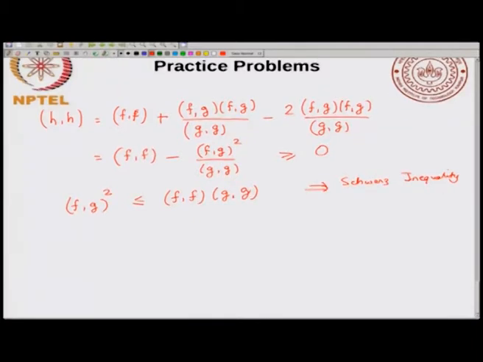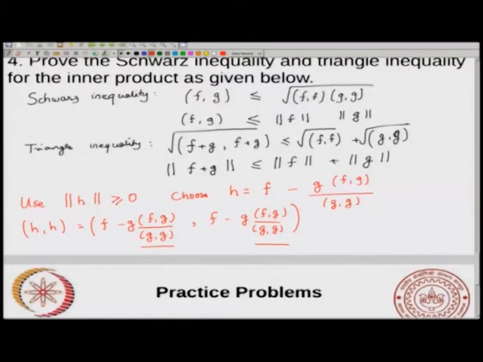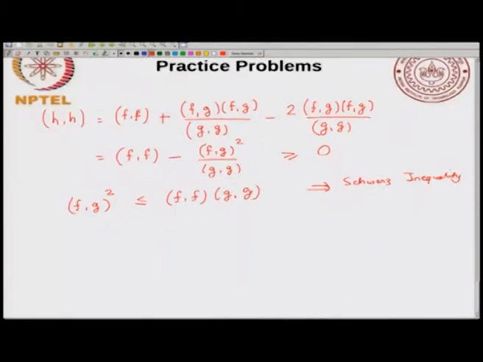Next we will prove the triangle inequality. Let us look at our expression for the triangle inequality that we had here. The square root of f plus g is less than this. Now if I square both sides, then what I will get is the following.